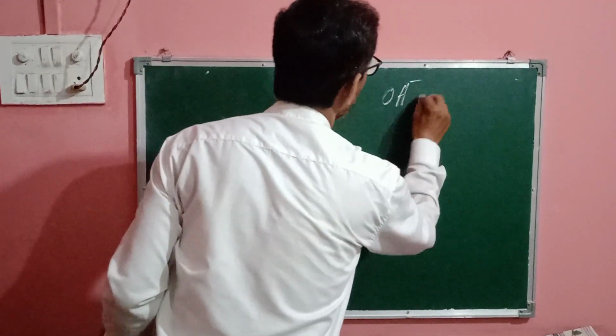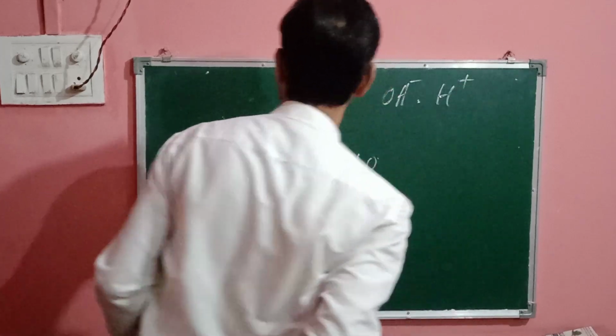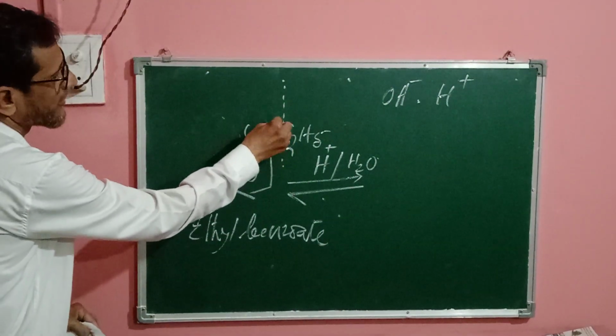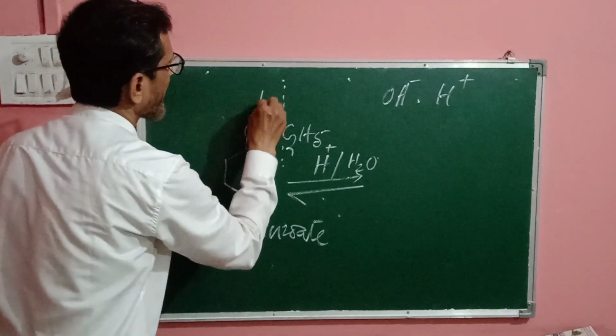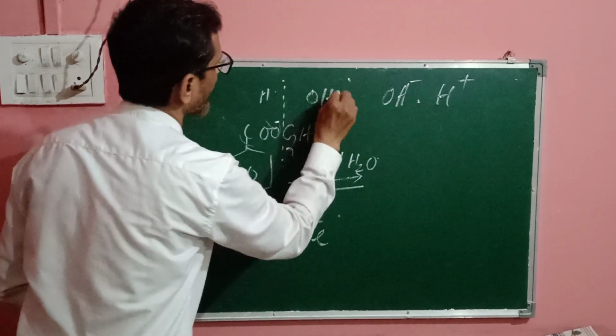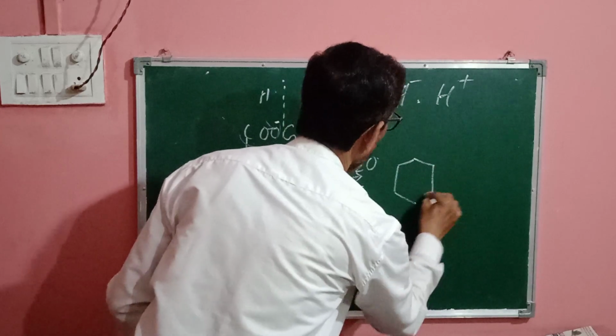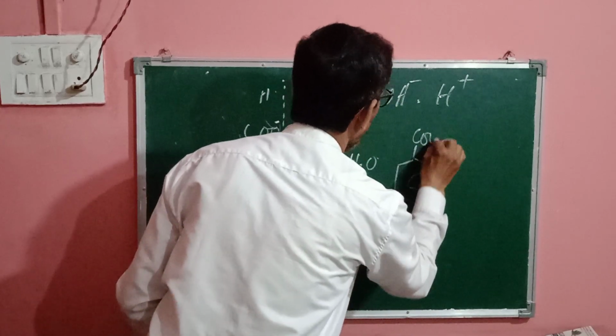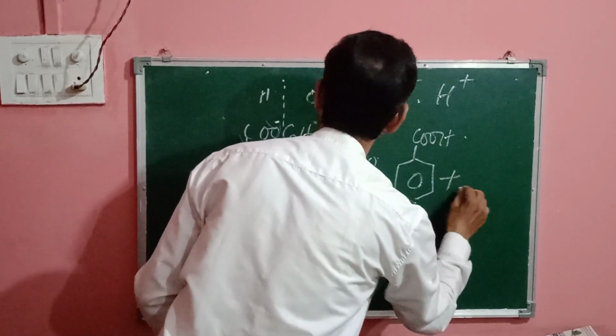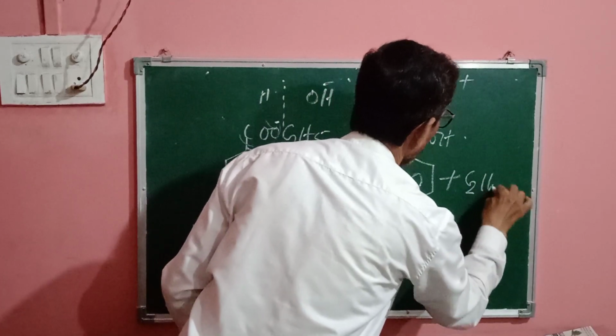Again water breaks into this. That O is the negative part, so the positive part will come here and the negative part goes there. Simple, it is not mechanism, simple way. Very simple. You are getting benzoic acid and ethanol.